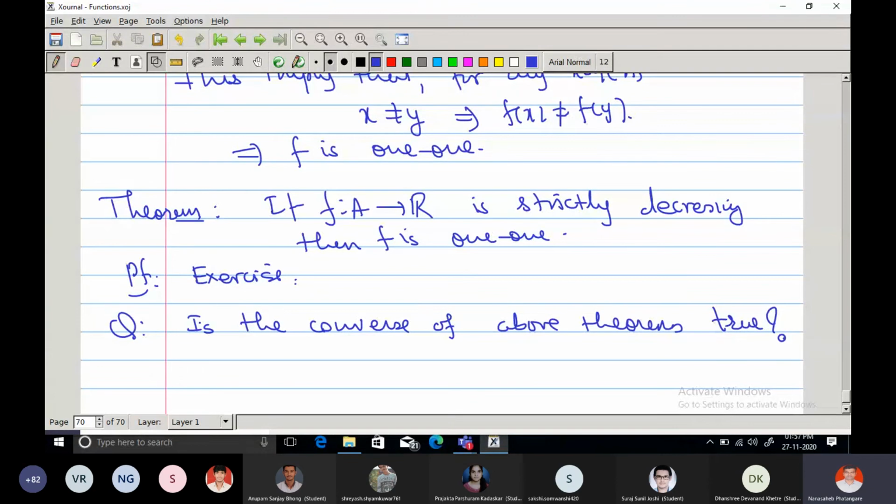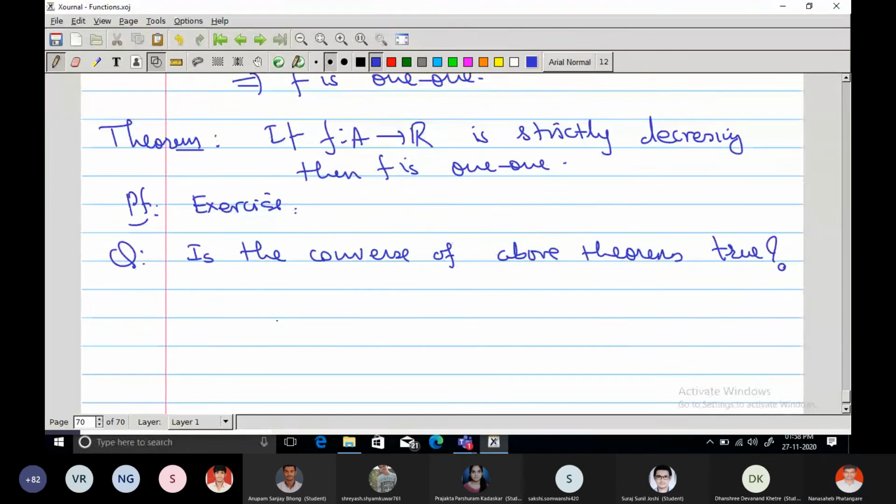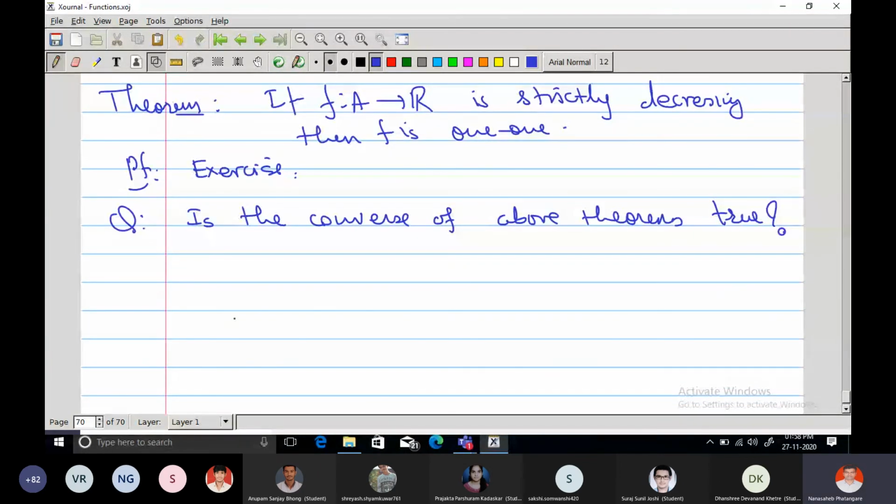That means if a function is 1-1, does this imply it is strictly increasing? No. For example, what is the theorem?